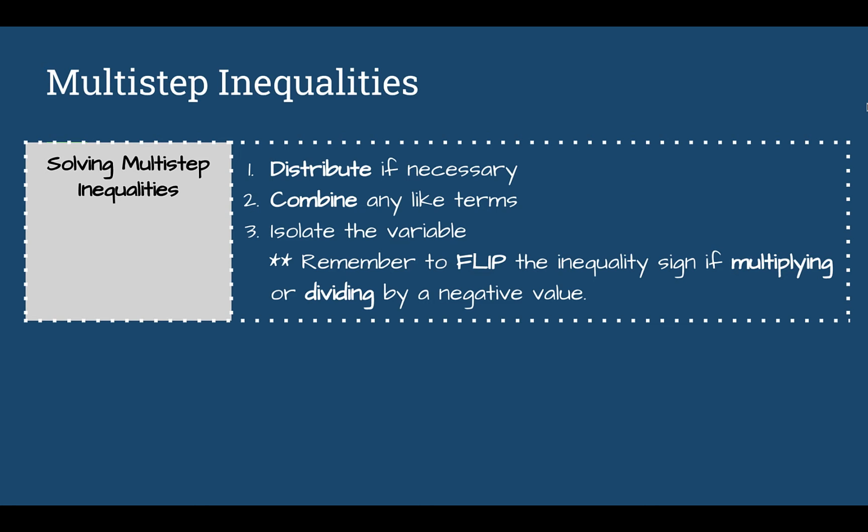We first distribute if we need to, then we combine like terms, then we isolate our variable. And the one difference for inequalities compared to equations is that we need to remember to flip the inequality sign if we are multiplying or dividing by a negative number.